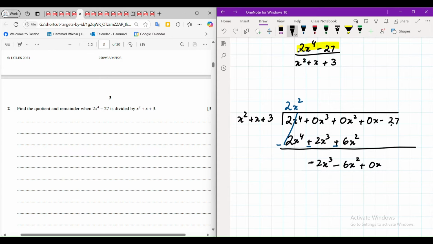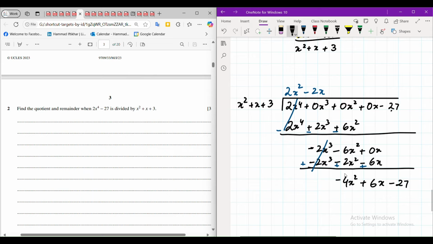So to make it into 2x cubed, we need to multiply with negative 2x. So negative 2x cubed, negative 2x squared, and negative 6x. Again, subtraction. So this would become negative 4x squared and plus 6x minus 27.